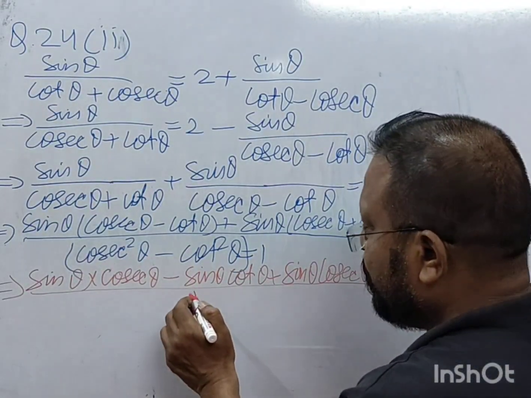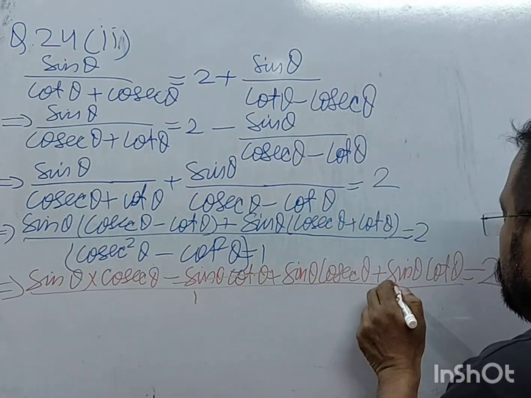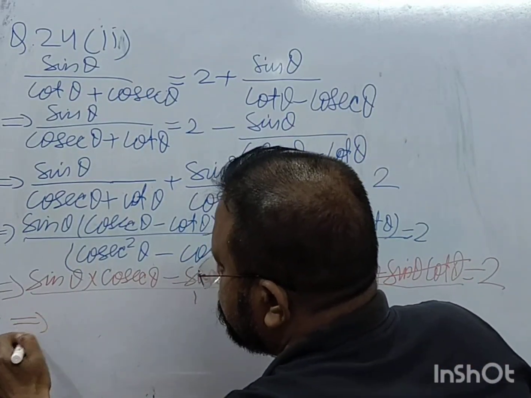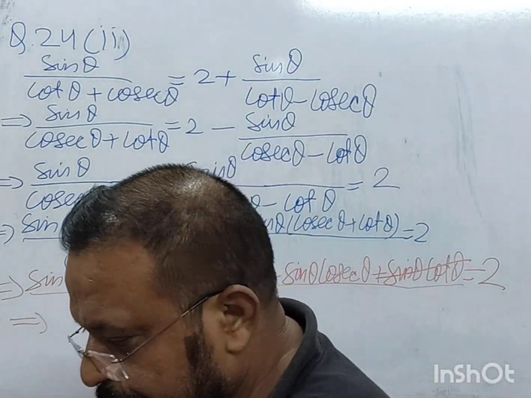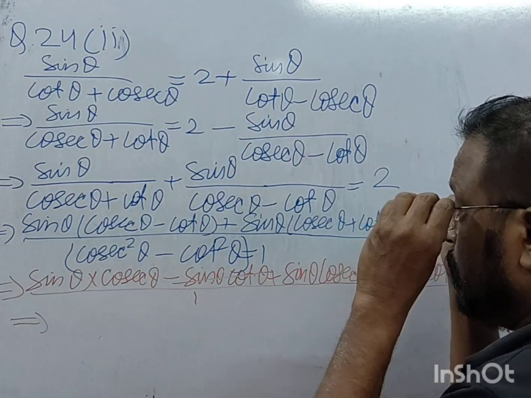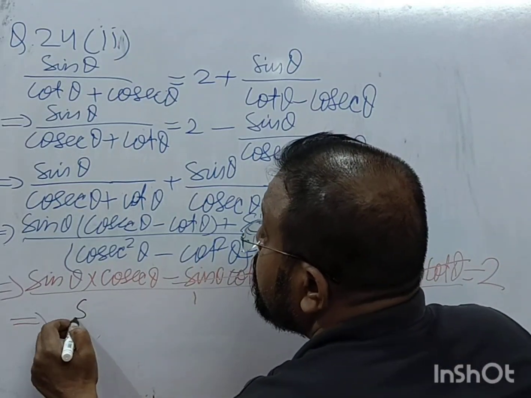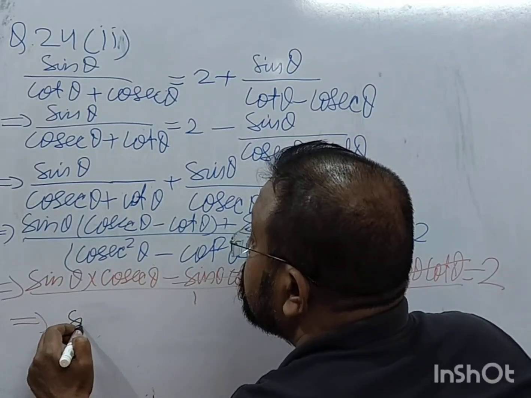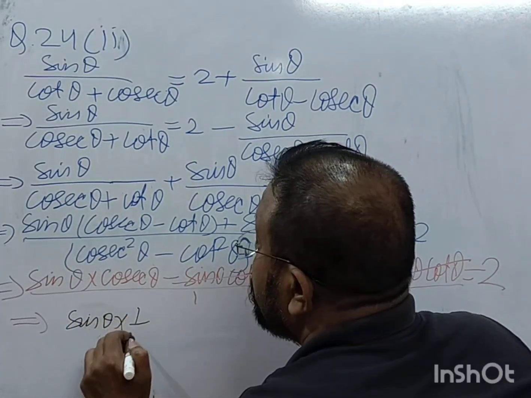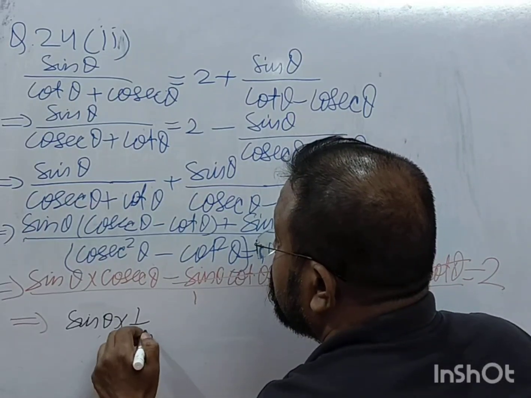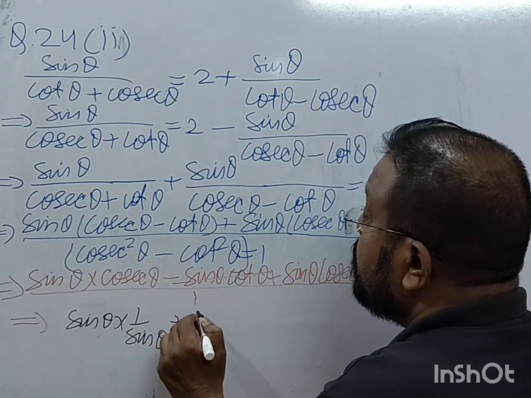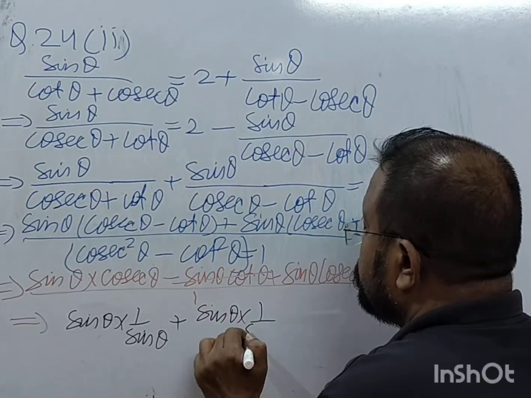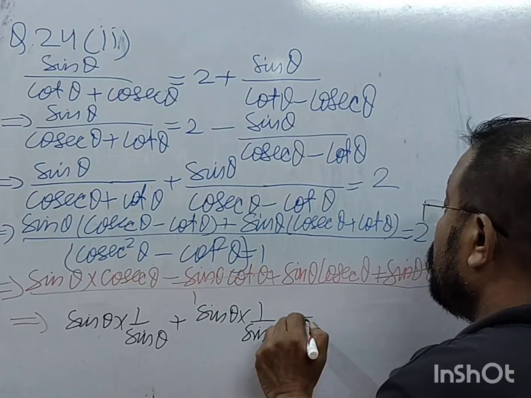The minus sin theta cot theta plus sin theta cot theta is gone, and now you get sin theta into 1 upon sin theta plus sin theta into 1 upon sin theta is equal to 2.